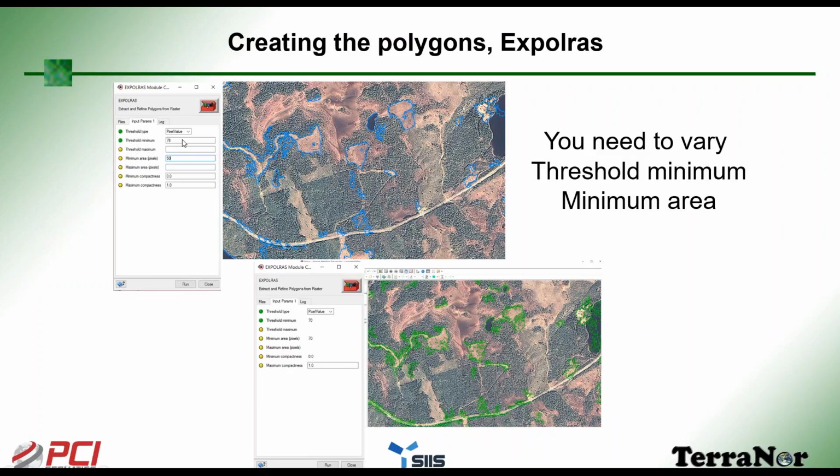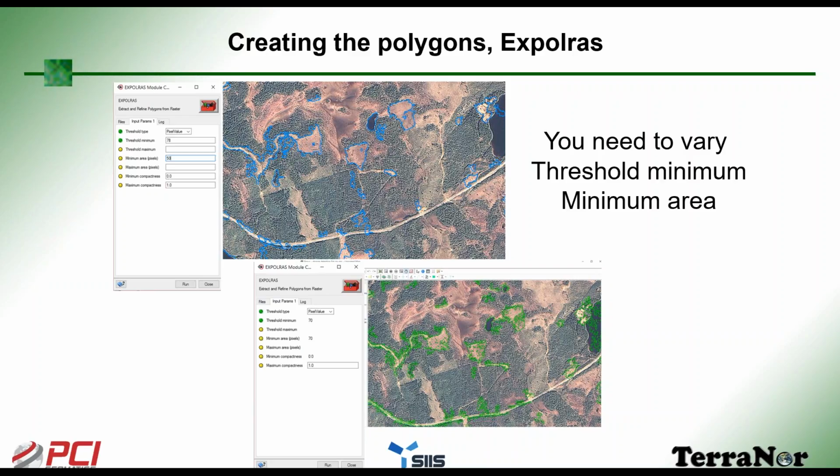One thing, when you set the threshold values, you're looking at the higher values for changes. And here I found the value should be at least 78. But when you do that, you still get a lot of small polygons. So we said, okay, the minimum area for these polygons with changes should be 50 pixels.